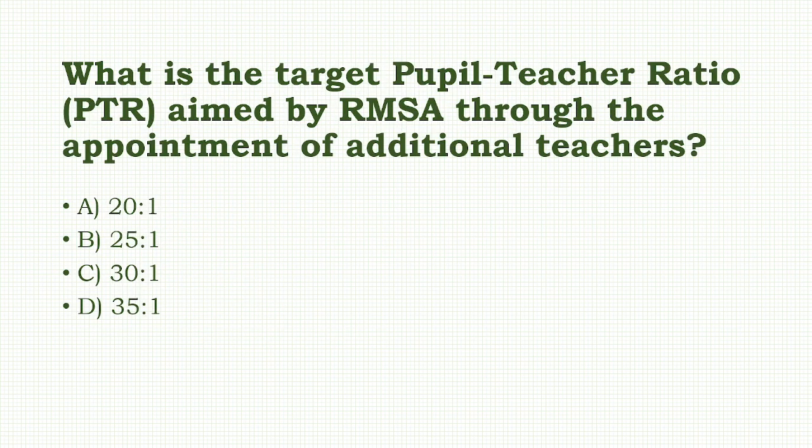What is the target pupil teacher ratio aimed by RMSA through the appointment of additional teachers? Option: 20:1, 25:1, 30:1, 35:1. Answer of this question is option C, that is 30:1.